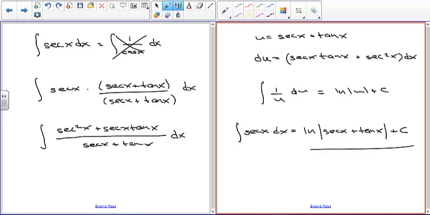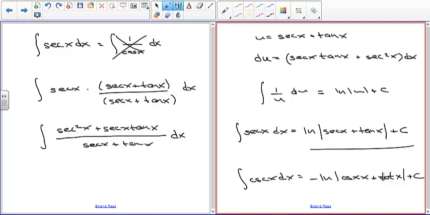And not surprisingly, the integral of the cosecant of x is negative the natural log of the absolute value of the cosecant of x plus the cotangent of x. So it has the same kind of format. Previously, the integrals of the tangent and cotangent were just similar to each other.